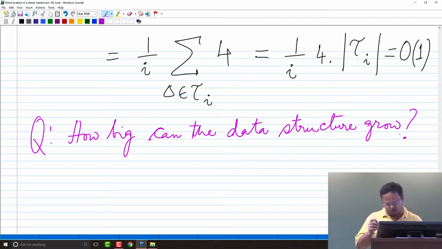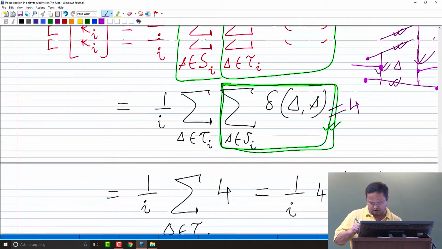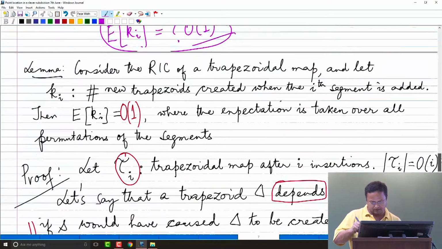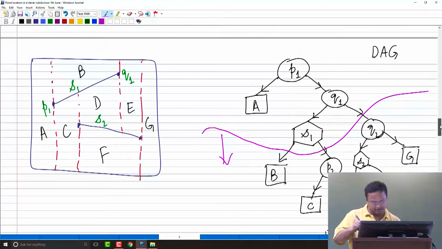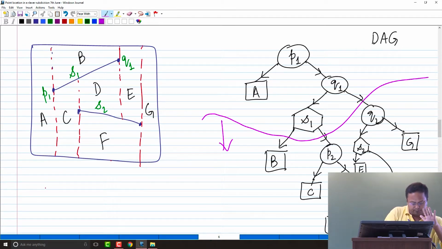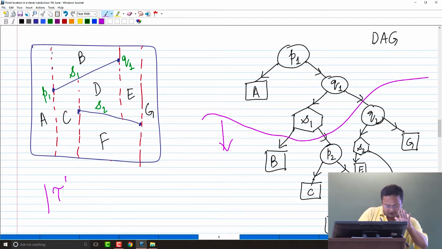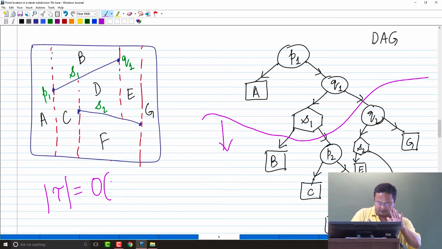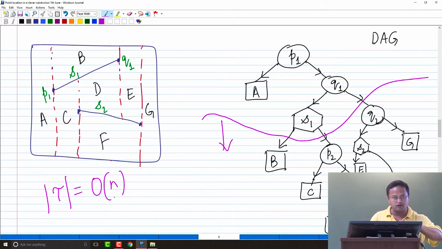Now see, this question needs to be answered, because what we have essentially proved is that this geometric decomposition is linear sized. We have not proved that this data structure is also linear sized.